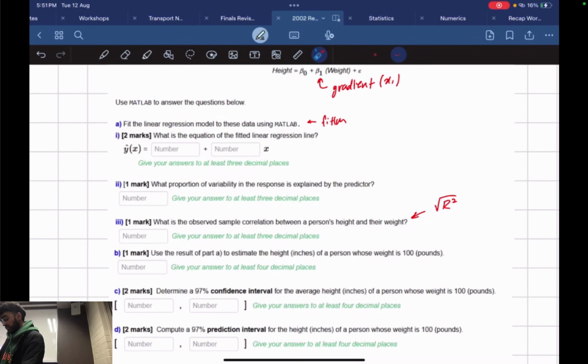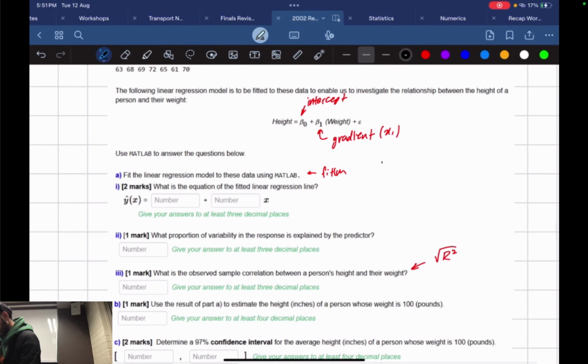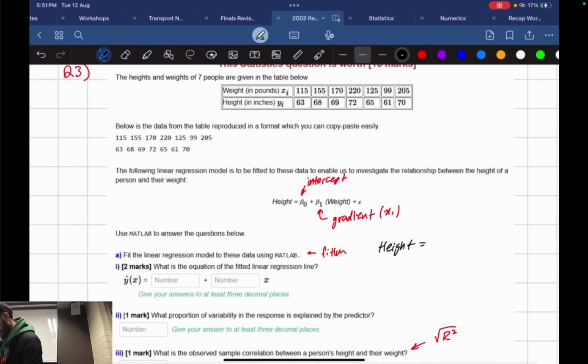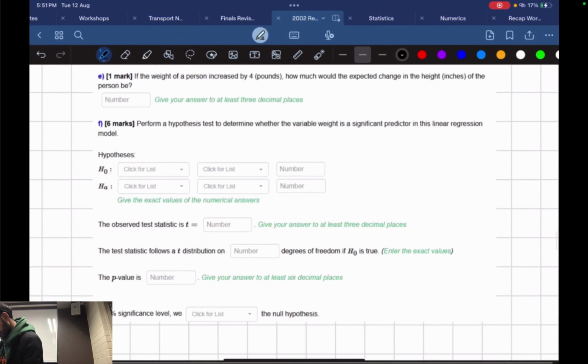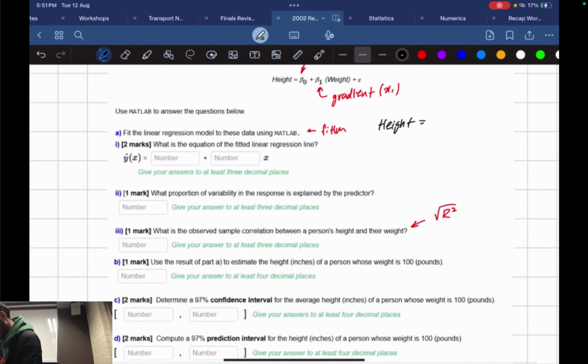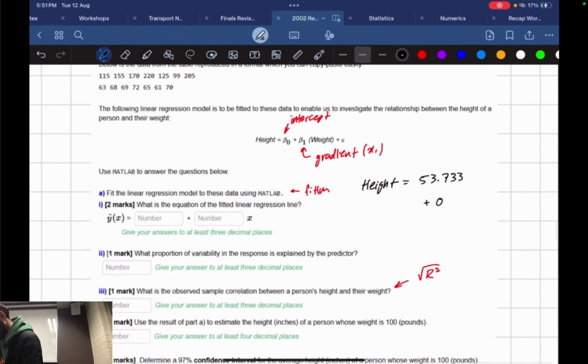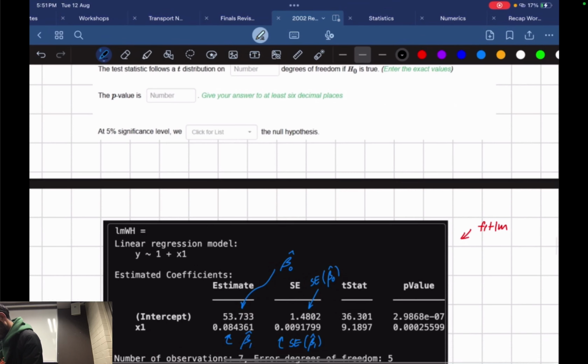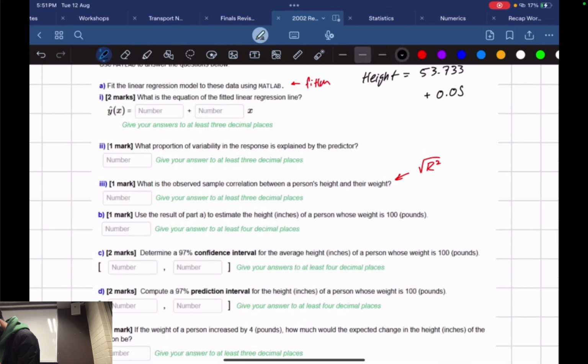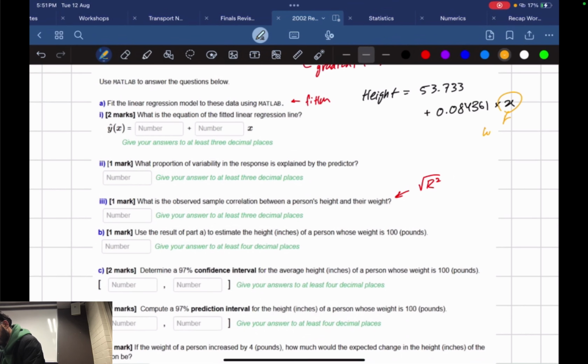So we know that height is equal to beta 0, which is 53.733, plus 0.00084361 times x. The x here is our weight. So we're going to sub in 100 to get our height.